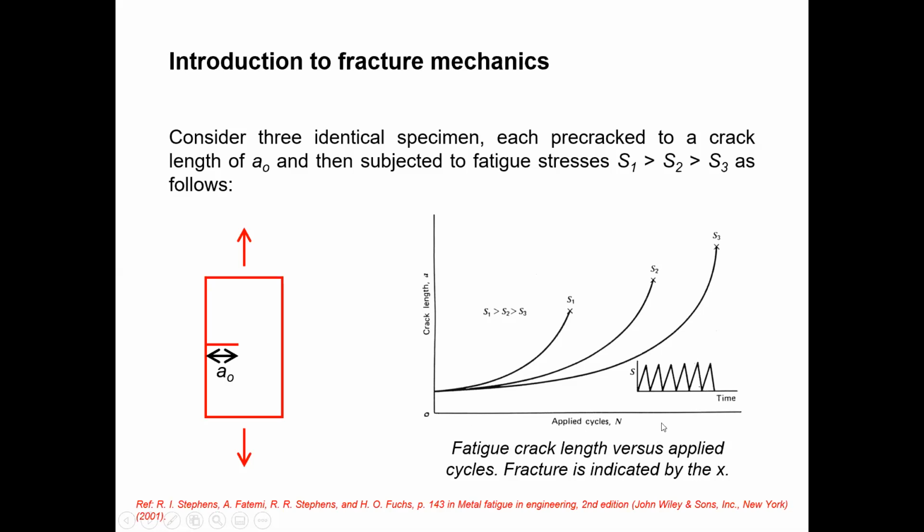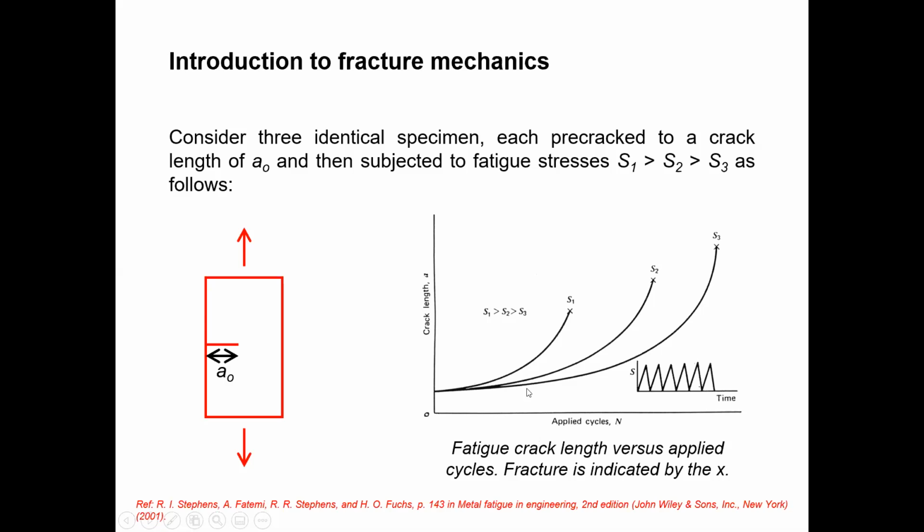So you can see the x-axis is the number of applied cycles. The y-axis is the crack length. So you can see how the crack length varies with the number of cycles. They are not going to change the amplitude of the cycle. Okay, the same magnitude is applied, but with time, meaning number of cycles, it will take some time.